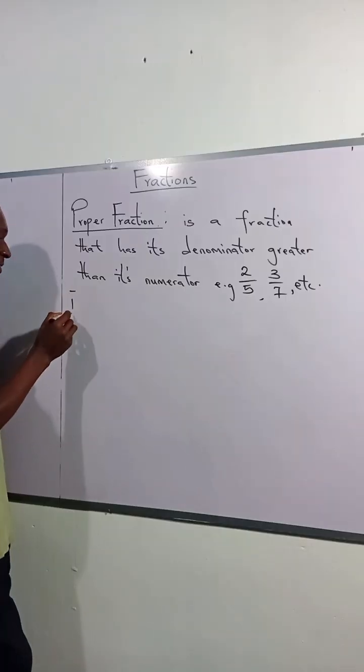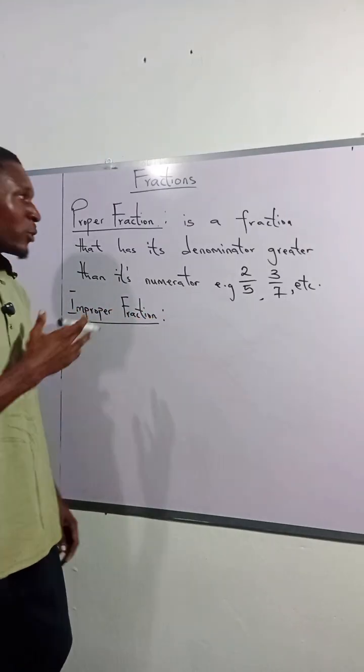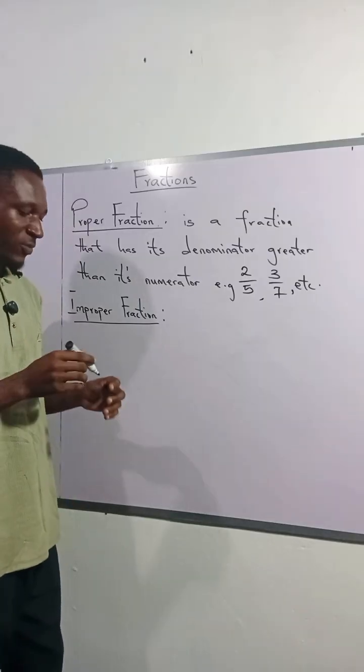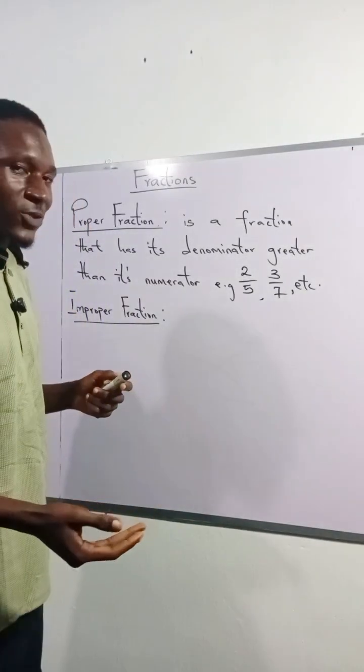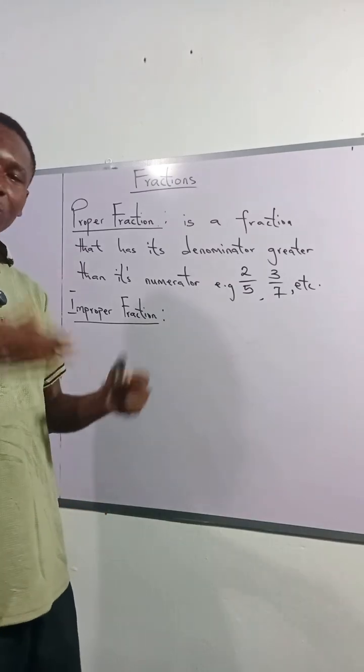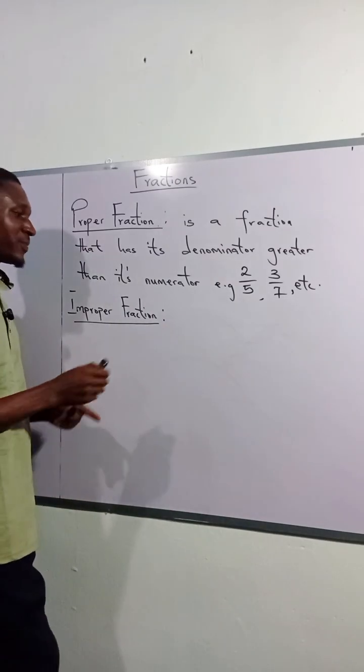Then in the improper fractions, you say that an improper fraction is a fraction whose numerator is bigger than the denominator.